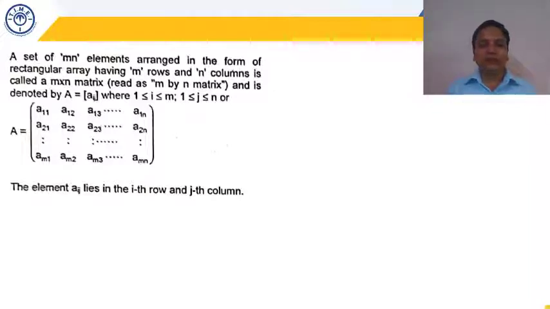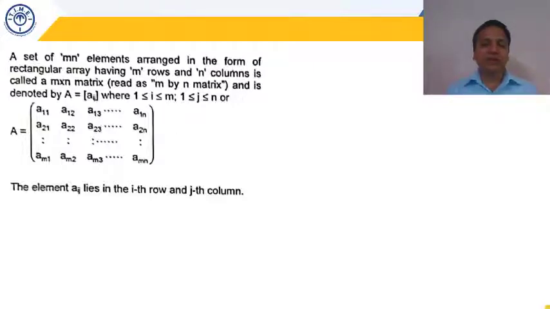And we denote an element of the matrix as small a ij. i denotes the number of rows which varies from 1 till m, and j denotes the number of columns which varies from 1 to n. So it's a rectangular array.